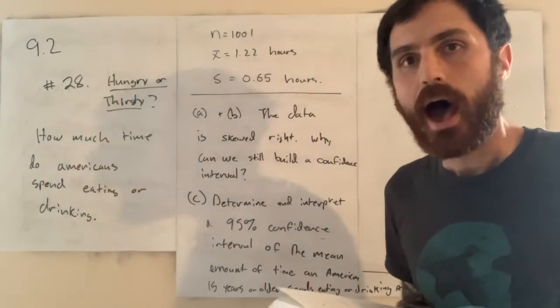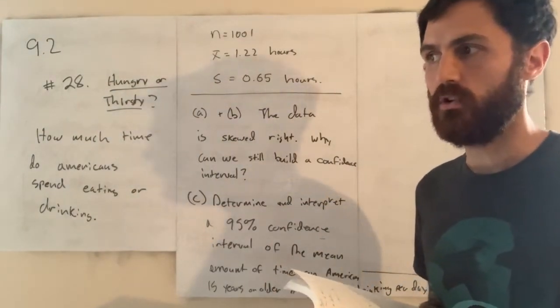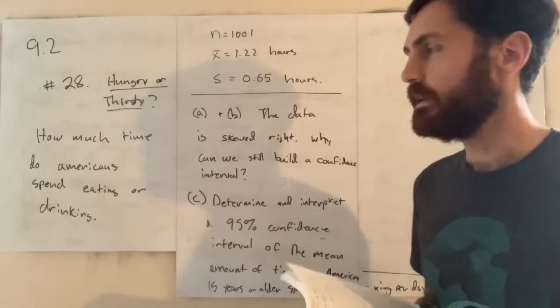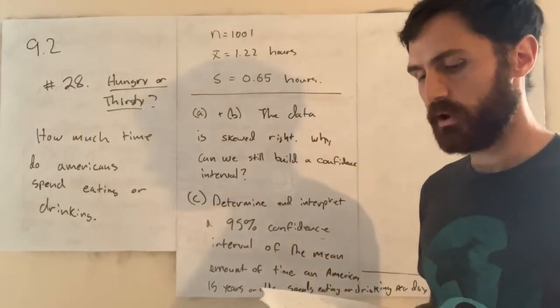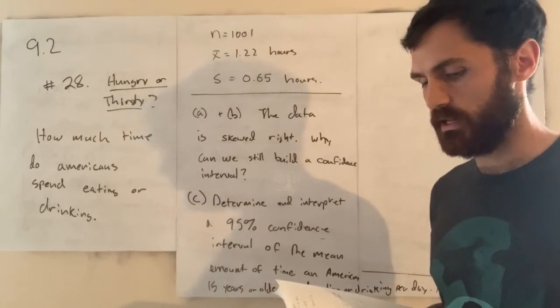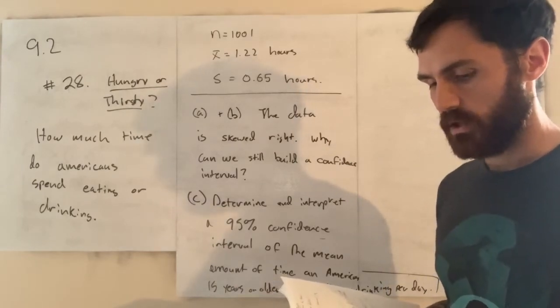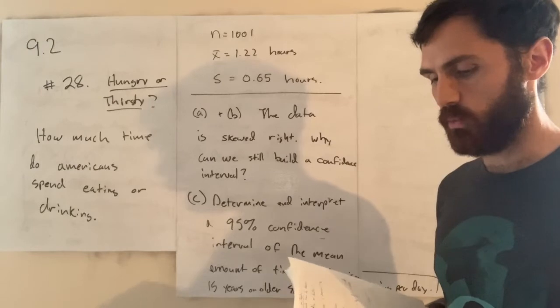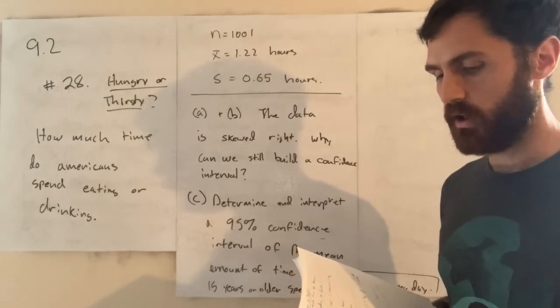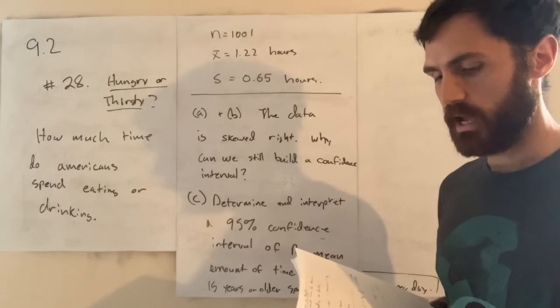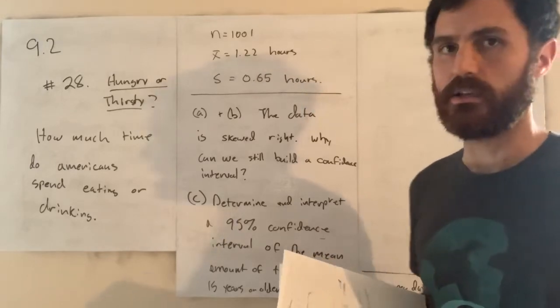They're asking, how can we use normal distributions to help interpret this problem? So A says, a histogram of the time spent eating and drinking each day is skewed right. Use this result to explain why a large sample is needed to construct a confidence interval for the mean time spent eating and drinking each day.